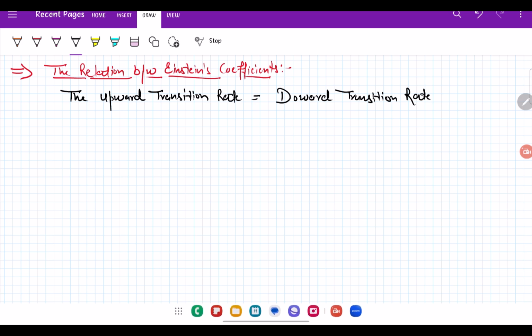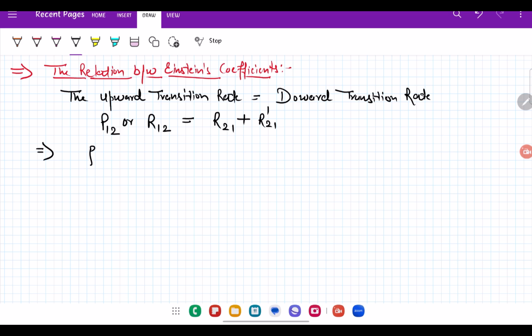The upward transition rate, as we know, is a probability, that is P12, or in our case we can also represent this with R12, which is equal to R21 for downward plus R21 dash. Now we have already defined the equations for these rates of transitions.